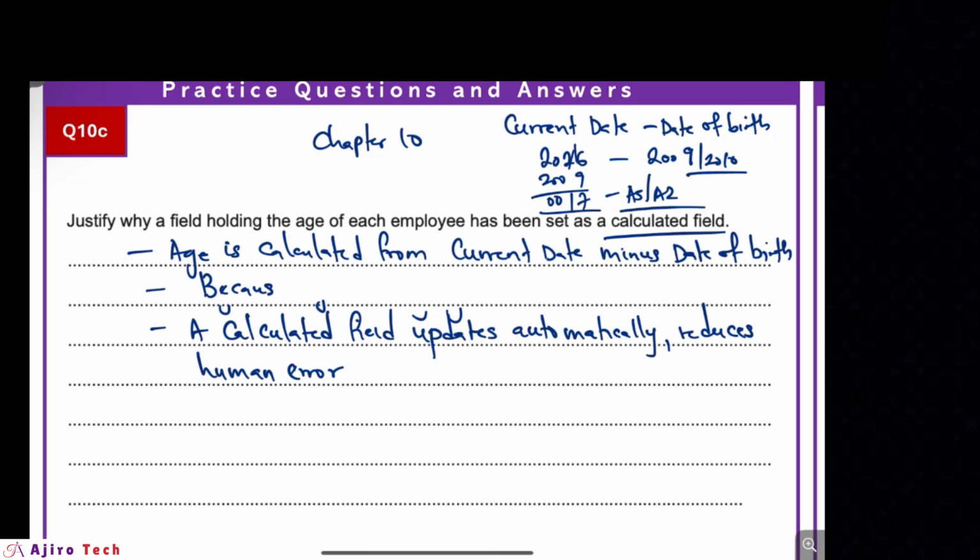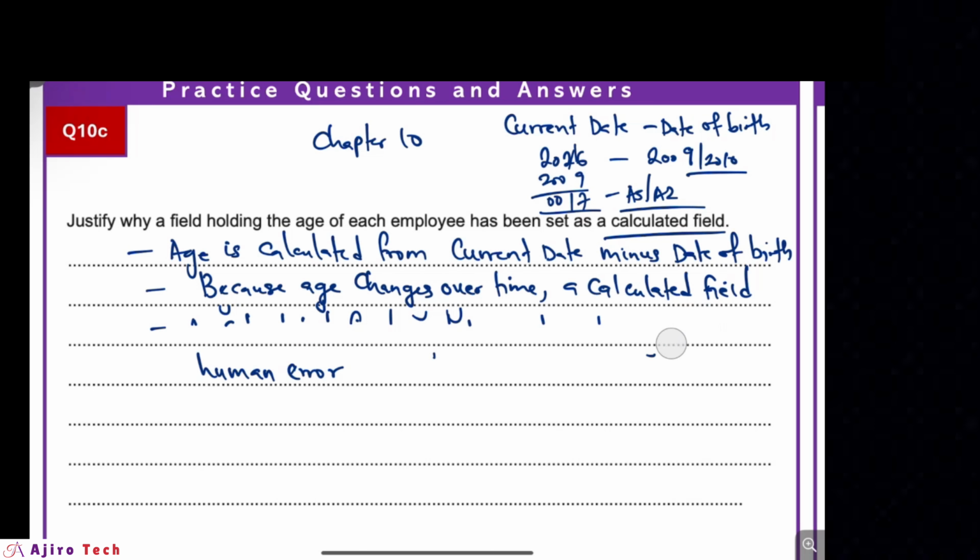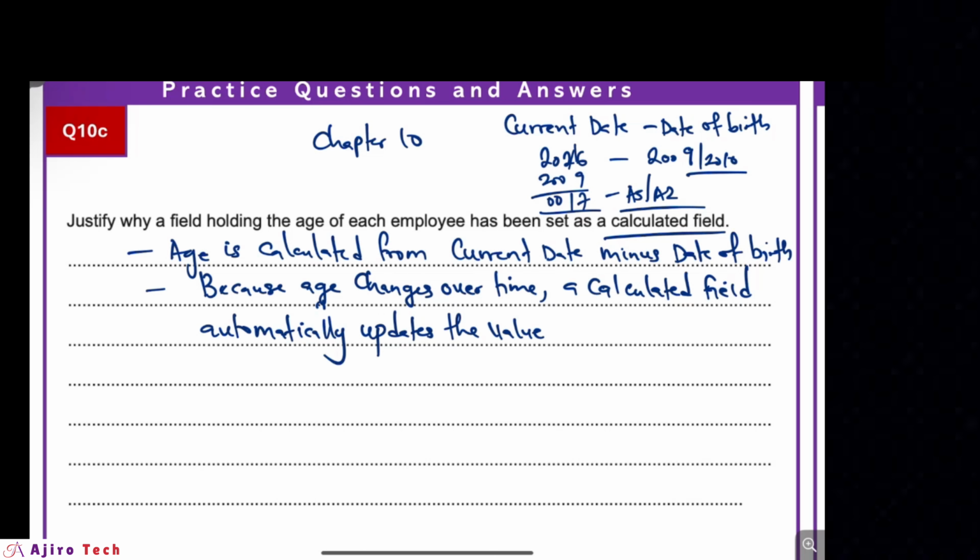Because age changes over time, a calculated field automatically updates the value whenever it is viewed.